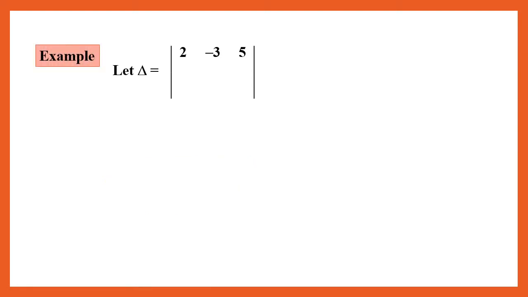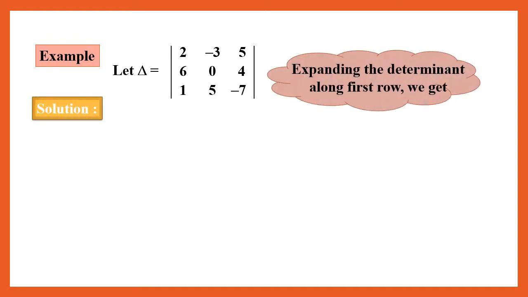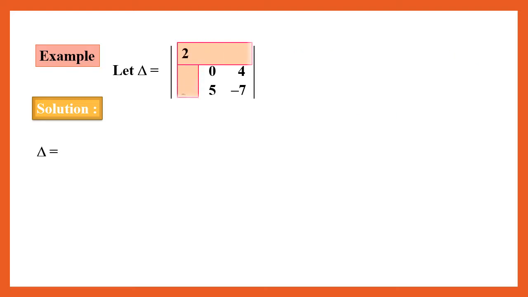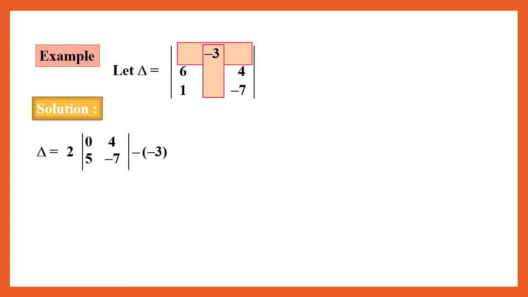Let delta equal 2, minus 3, 5; 6, 0, 4; 1, 5, minus 7. So we will expand the determinant along the first row. Write down the element of the first row, that is first element of R1 is 2 into 0, 4, 5, minus 7.